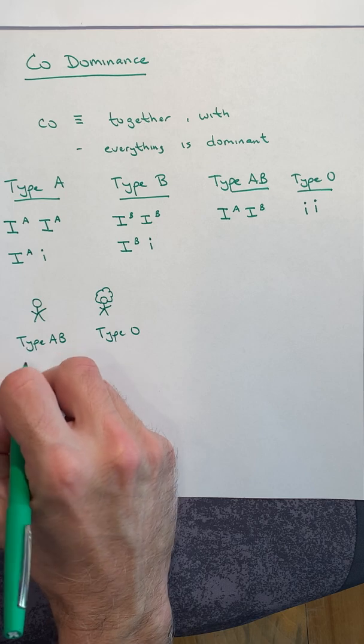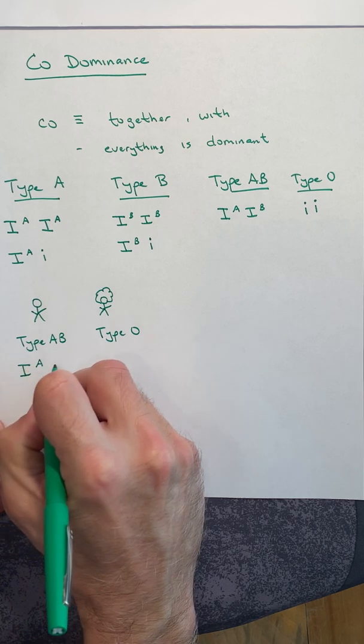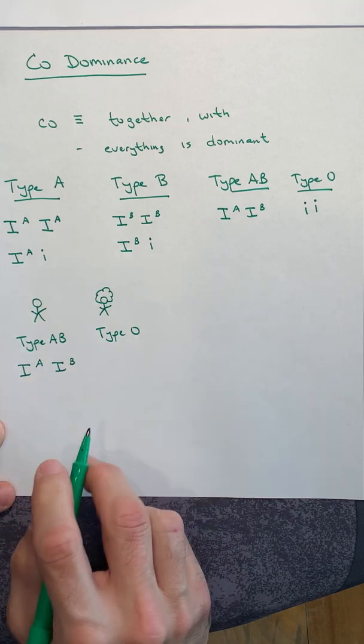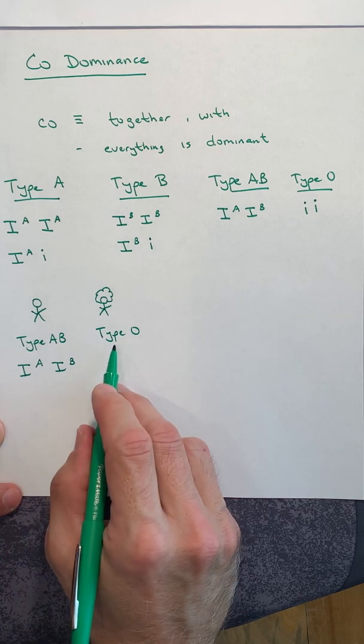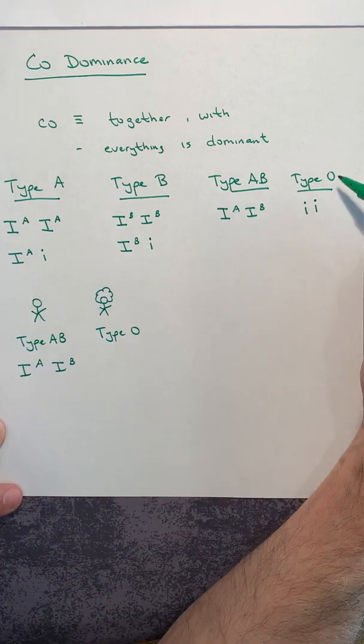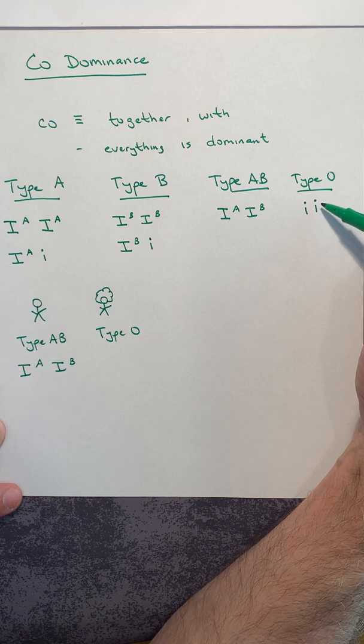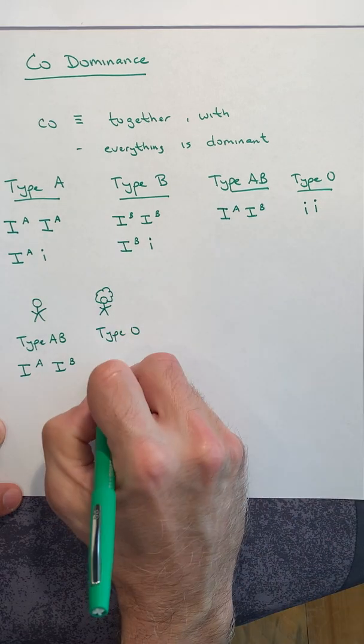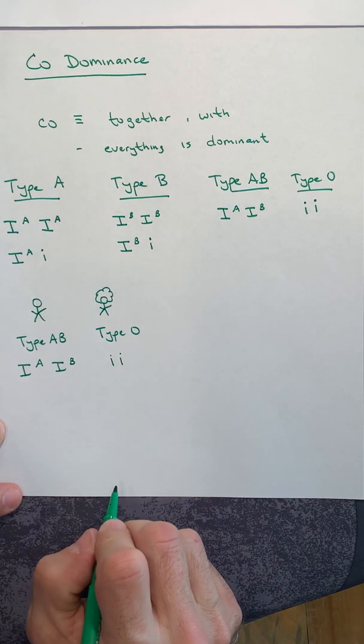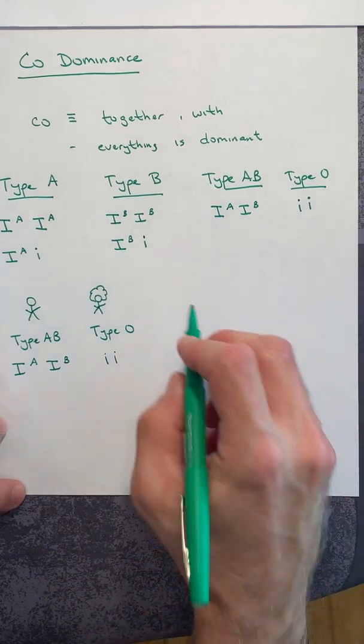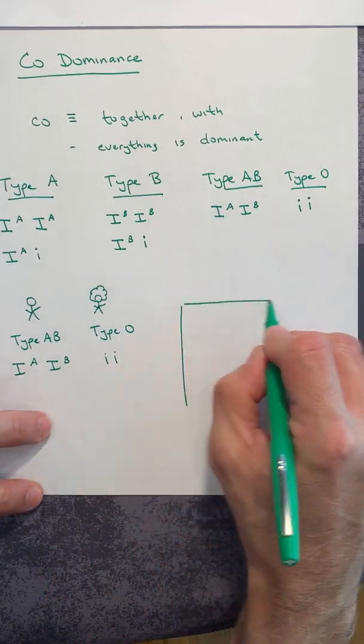He has to. So he is IA IB. She's type O blood. She has to be little i, little i. Like such. So let's take a look at their Punnett Square.